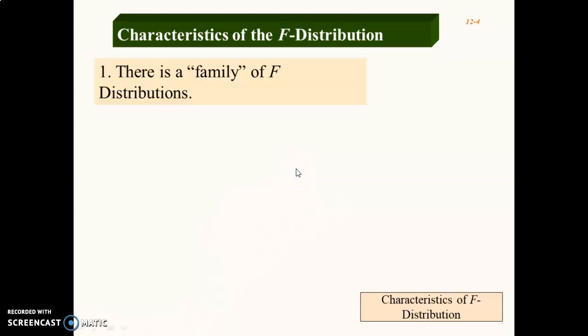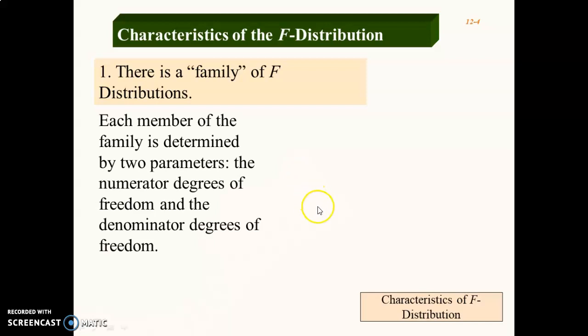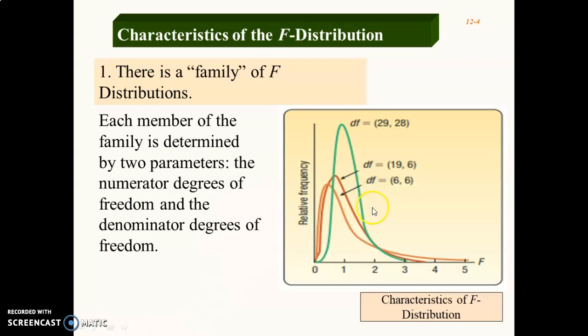First, there is a family of F distributions. A particular member of the family is determined by two parameters, the degrees of freedom in the numerator and the degrees of freedom in the denominator. The shape of the distribution is illustrated by the graph. There is one F distribution for the combination of 29 degrees of freedom in the numerator and 28 degrees of freedom in the denominator.